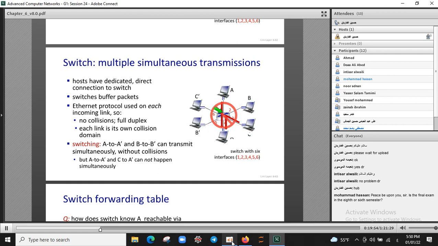At the same time, we cannot send. When A is sending data to A prime, the switch cannot send the received information from C to A prime at the same time.